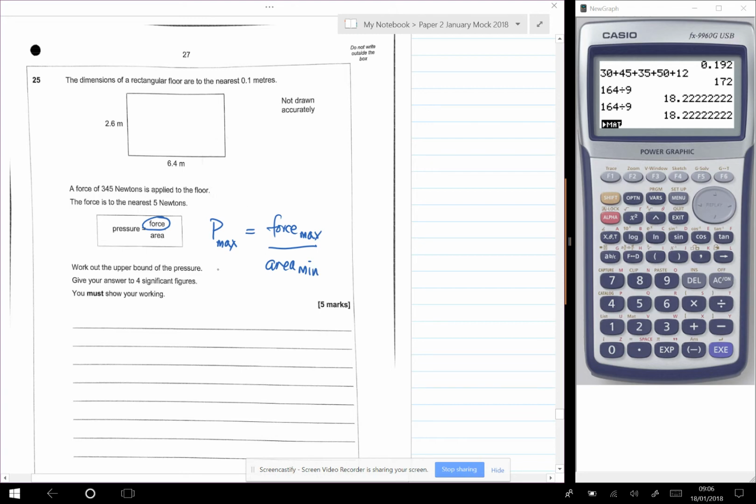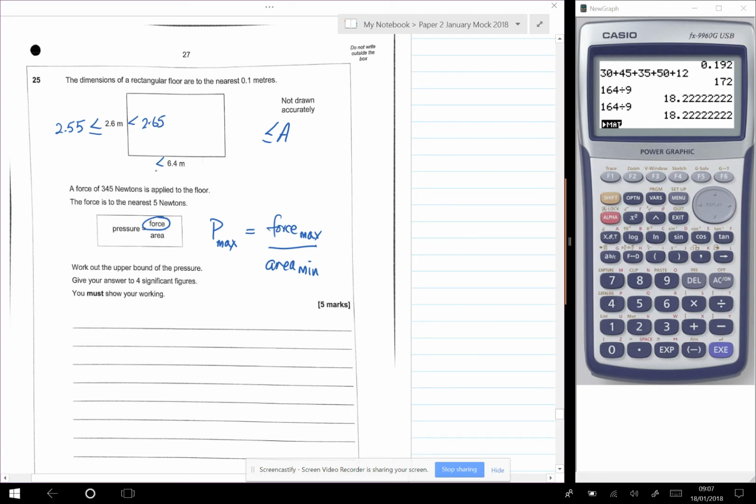Okay, so we need to find the bounds of these things. So we want the minimum area. Now, how do we find the minimum area? Well, first of all, we know that the area goes between the minimum area and the smallest possible length for this is 2.5. To the nearest 0.1, so this is 2.55, isn't it, and less than 2.65.